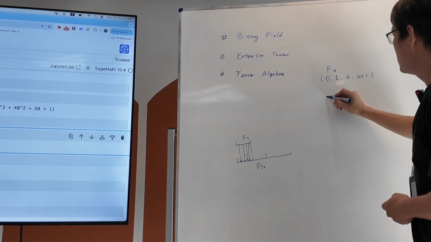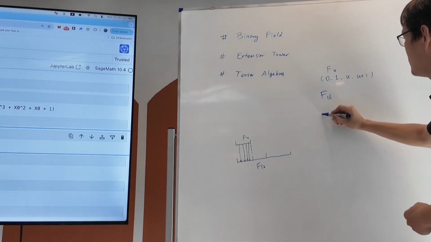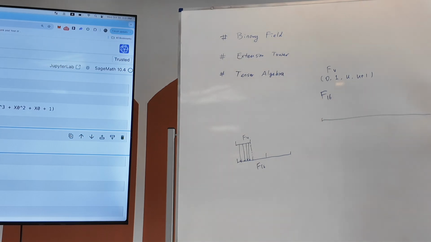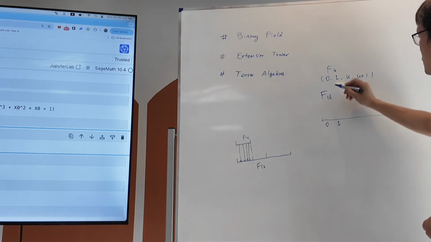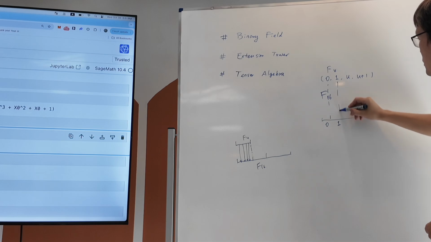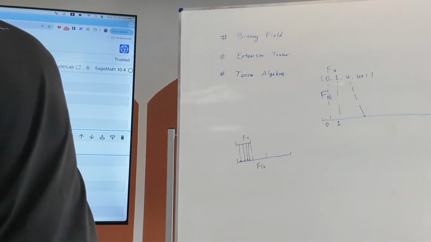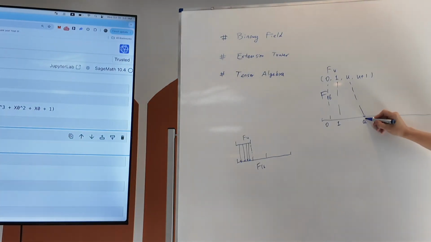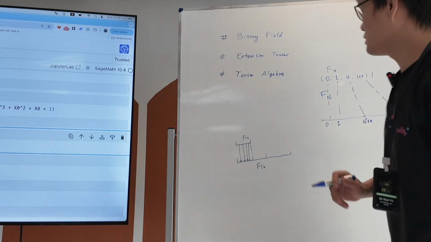Now we define F16, a bunch of elements. Here we map 0 to 0, and 1 to 1. But U maps to, I think, A squared plus A. Now U plus 1 maps to A squared plus A plus 1.